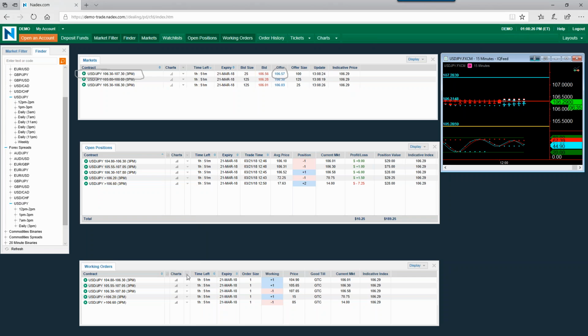Now, what happens is, let's say that the market reports do come out, and by 2:30 today, it could actually move, and this price would be at 104.90 or 105.65 or 107.65. My order could actually be filled.